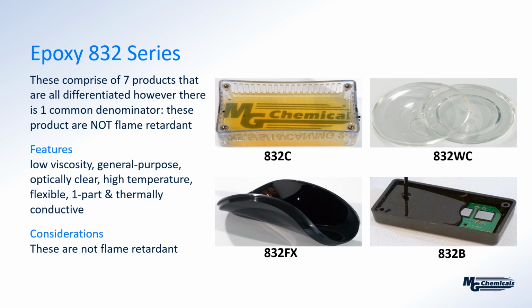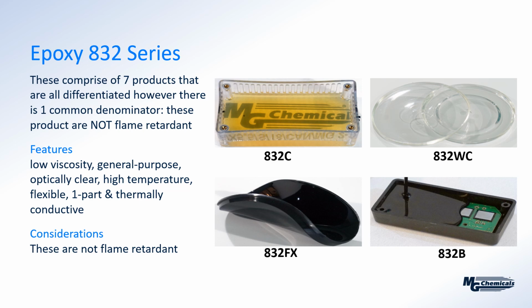They will not self-extinguish. That doesn't mean that they're not distinguished in other ways, but that is the one thing common in the 832 series that distinguishes it from the other series that we're going to look at next, and that these products are not flame retardant. So flame retardancy is not a requirement. We should consider the 832 series.